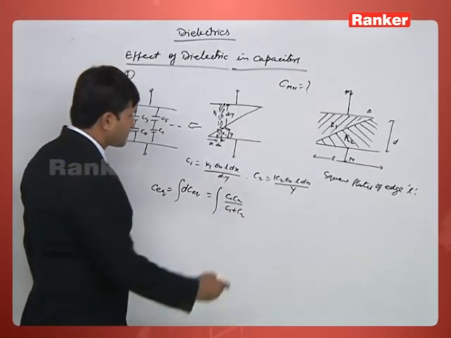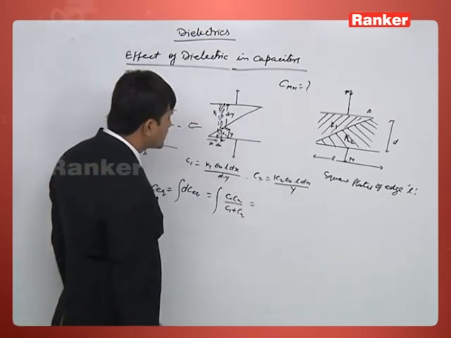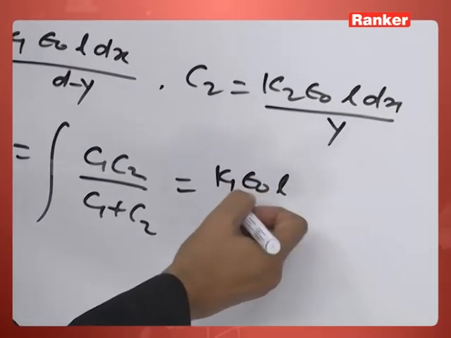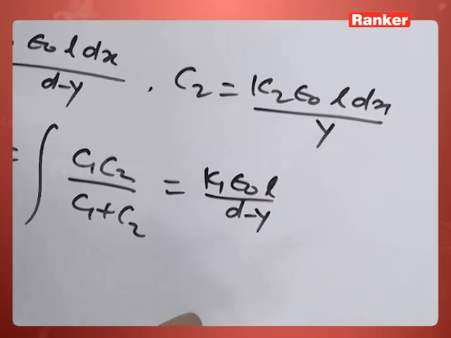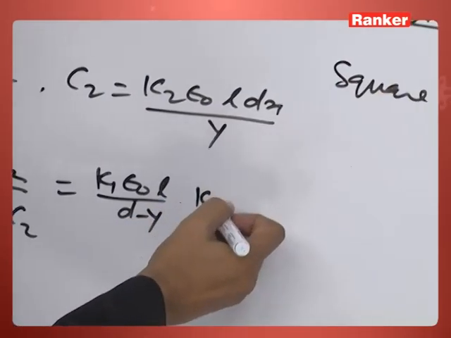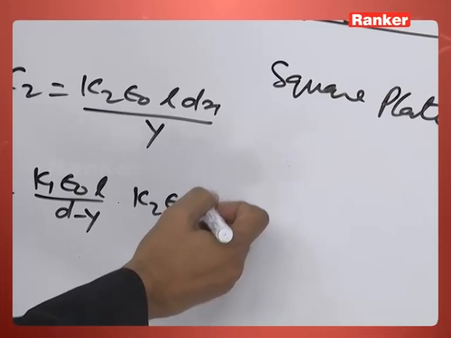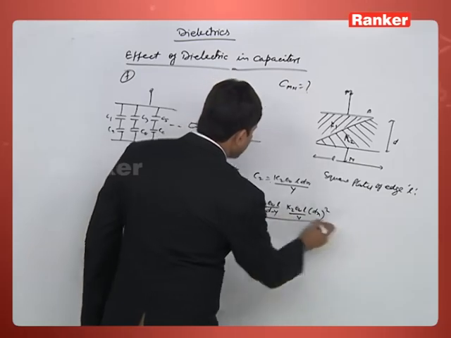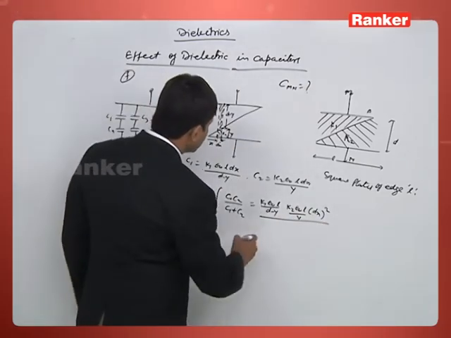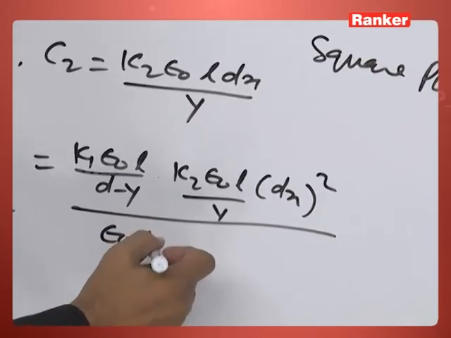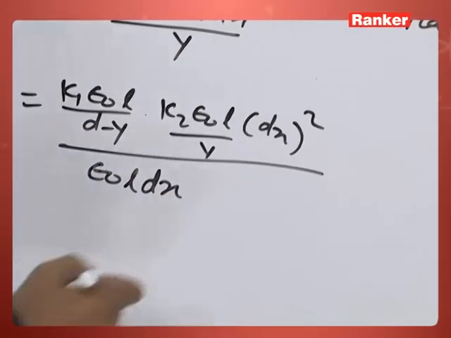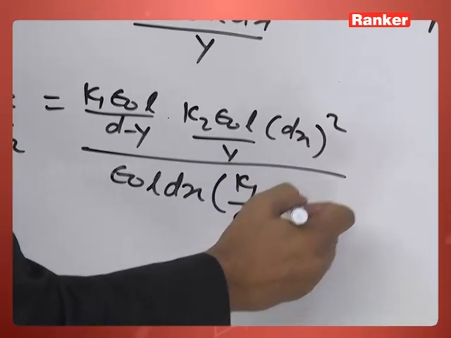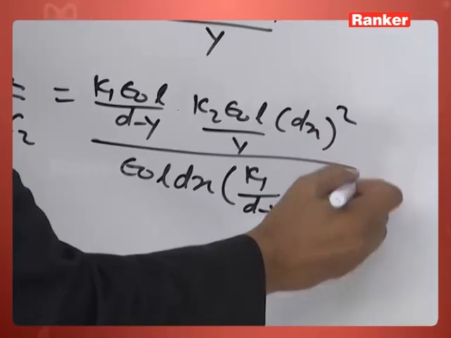Now C1 C2 by C1 plus C2. So K1 epsilon naught L by d minus y into K2 epsilon naught L dx by y, whole by C1 plus C2, where we can take epsilon naught L into dx common, K1 by d minus y plus K2 by y.